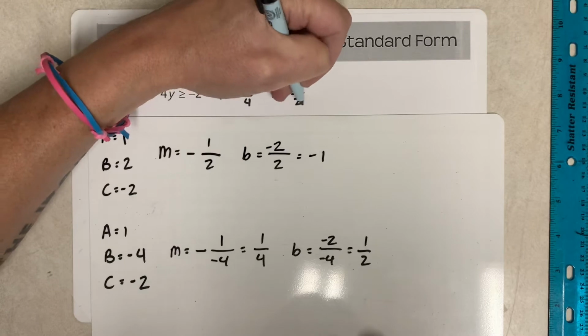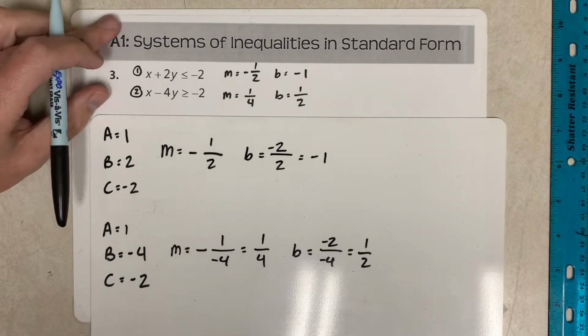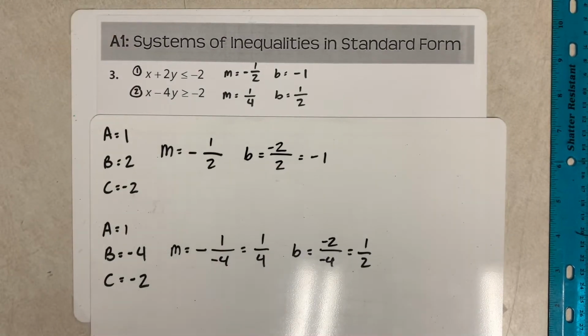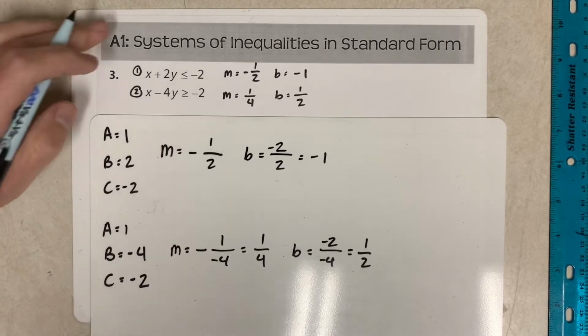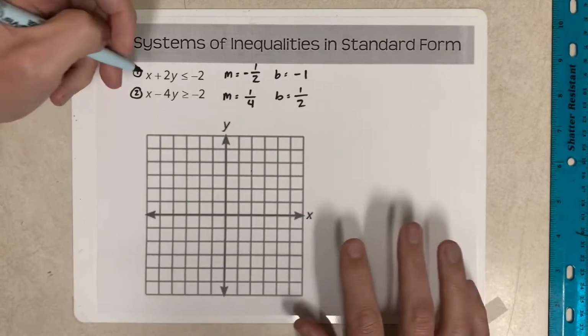That's going to be an issue because I don't like graphing points that are fractions like that on my coordinate plane because it tends to make my lines not so accurate. So we're going to have to deal with that when we get to it. I'll show you how to deal with that when that happens. All right, so let's take a look at number 1.